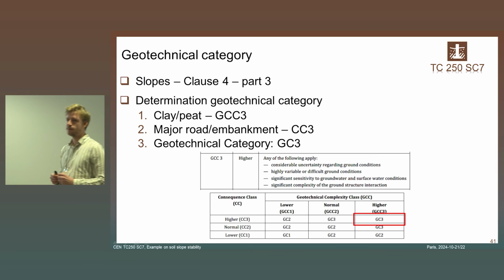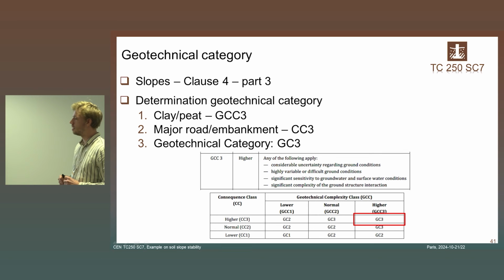And one of the first steps in the project is to determine the geotechnical category. There is now better focus and more information on getting to the geotechnical category, where it was a bit vague sometimes before. So there are 2 steps before coming to the geotechnical category.